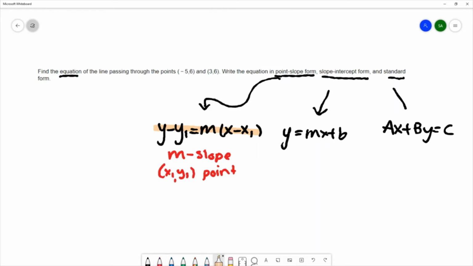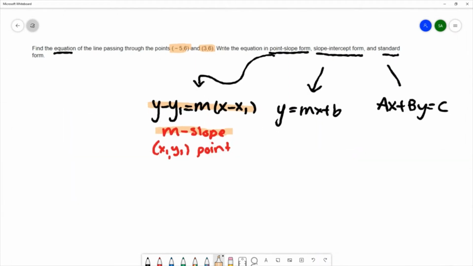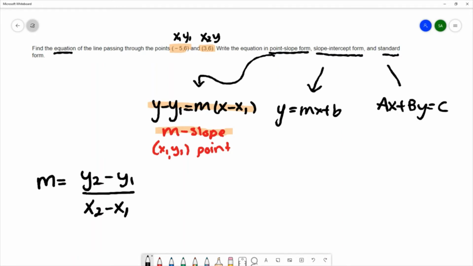In this example, we were given 2 points on the line. So before we can use the point slope form, we have to calculate the slope. So let's calculate the slope with the slope formula, which is y2 minus y1 over x2 minus x1. We'll label one point as x1, y1, label the other point as x2, y2, and then calculate the slope.